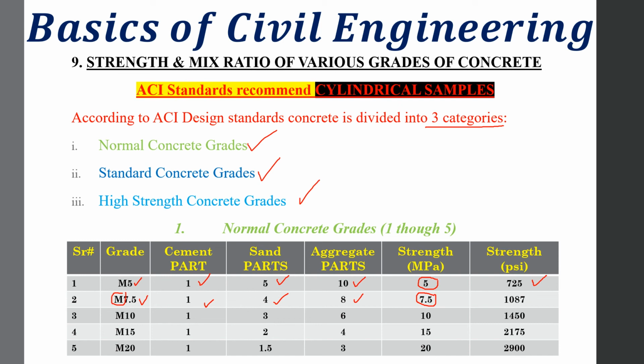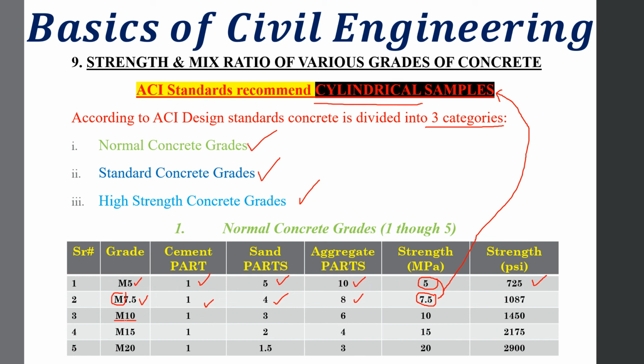All of these strengths reflect the 28 days strength of cylindrical samples. Most of us have a misconception about this: the strength of M10, and in British standard we will see this as C10, its strength will be 10 megapascal. So most of us say that there is no difference between American and British code, because M10 and C10 have the same strength.